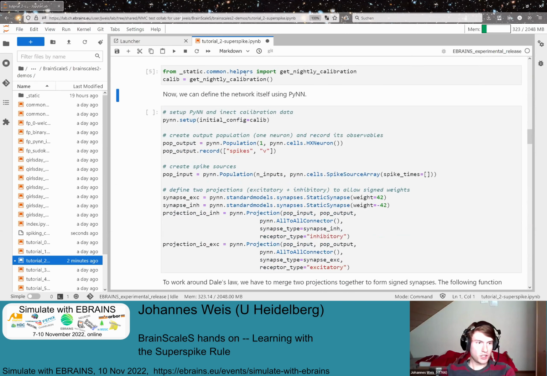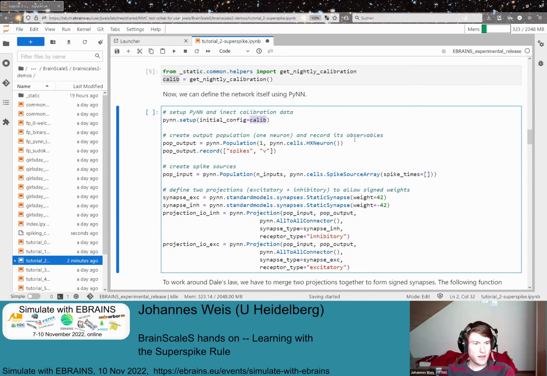So we load it here and inject it again in the Pine setup call. We now define a population of one neuron with the default calibrated HX neuron, a live neuron that will accept inputs and spike eventually.